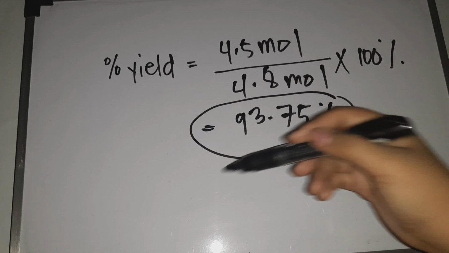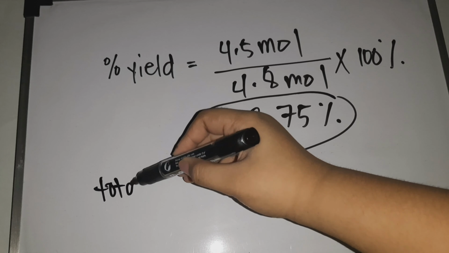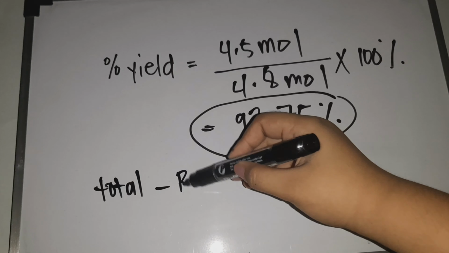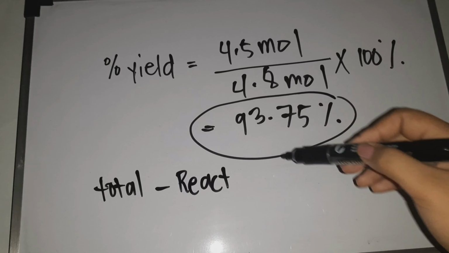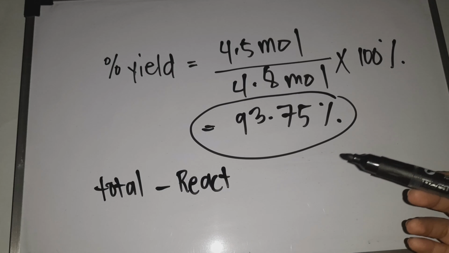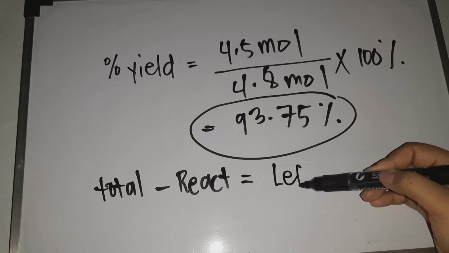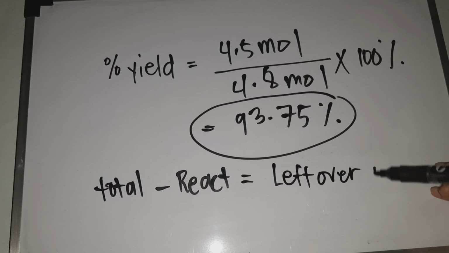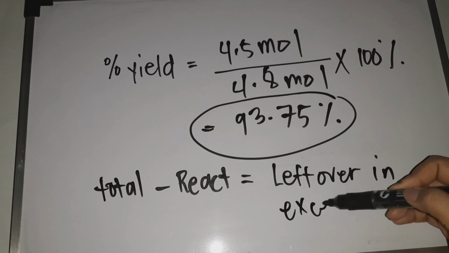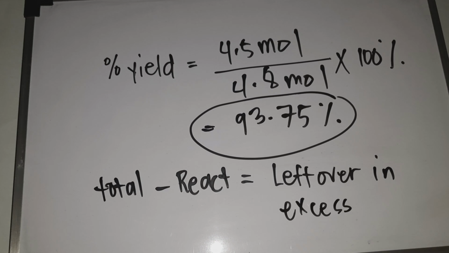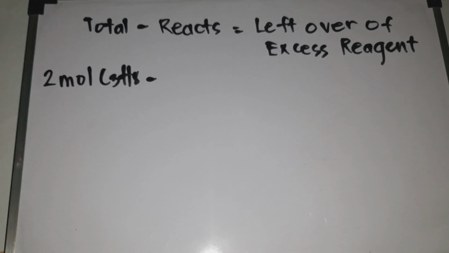We will just subtract the amount of propane that reacts in the chemical reaction from the total, and that will be our leftover in excess. Okay, so for the last question, we are tasked to find the leftover in the excess reactant. So we are simply finding the total amount of the leftover.